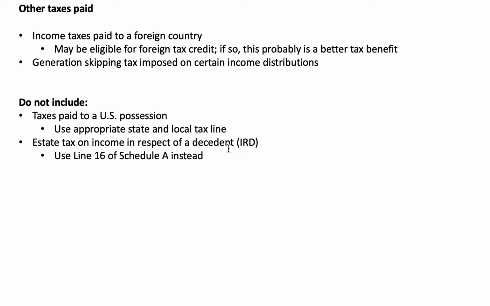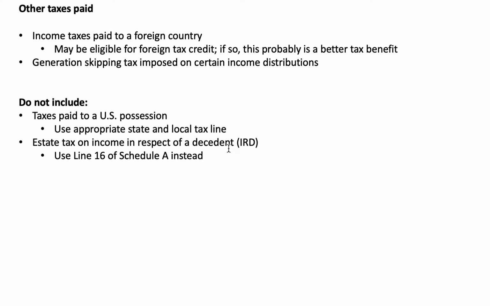Generation skipping tax imposed on certain income distributions. Most taxpayers will probably never see this tax in their life. However, if this is something that is pertinent to your situation, you can include that in Schedule A. Do not include taxes paid to a U.S. possession because we've addressed that, so you would use the appropriate state and local tax line that was reported.